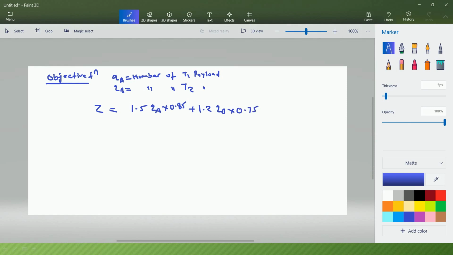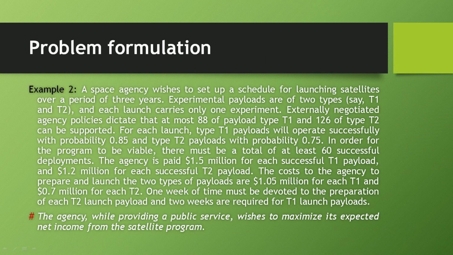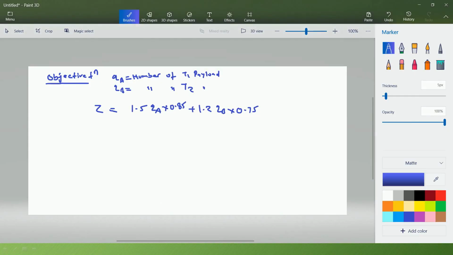So this is the profit which the company is obtaining. Now in order to produce these payloads, the company is paying $1.05 million for T1 and 0.7 for T2. So we have to subtract it in order to have the objective function: 1.05 for QA minus 0.7 for QB.